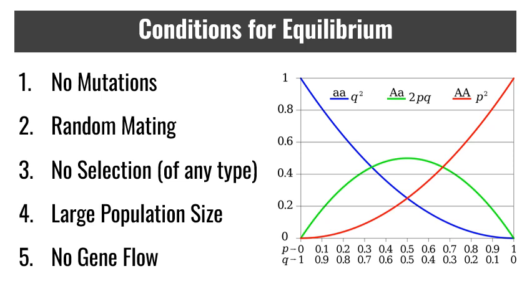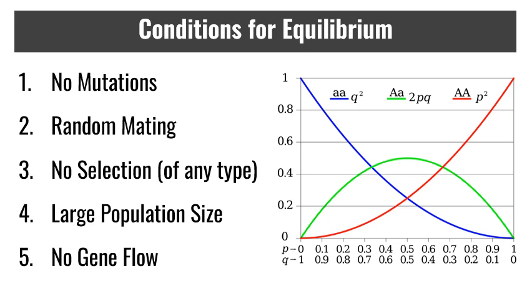To be in equilibrium, there needs to be no mutations. The gene pool is modified if mutations alter alleles. Therefore, if there's a deletion or a duplication, then they are evolving. Random mating must be maintained. Why? No sexual selection. Basically, you could say there's no selection of any type, but the original one said no natural selection.